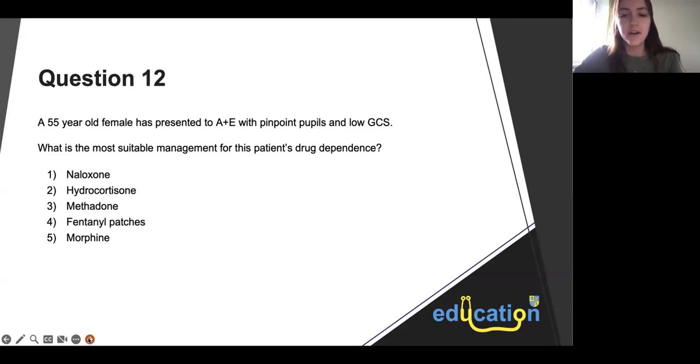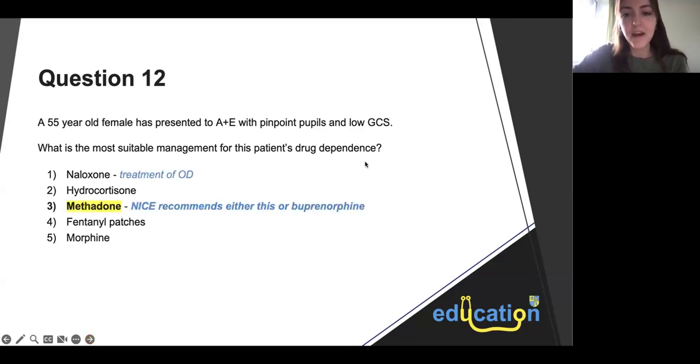Fine. So again, a bit of a split here between naloxone and methadone. So the answer is methadone. And I think, again, the answer here almost lies in the structure of the question. So the question is, what's the most suitable management for this patient's drug dependence? So it's not the most acute management or the most appropriate management for their current presentation, which is obviously an overdose, suggested by their pinpoint pupils and low GCS.